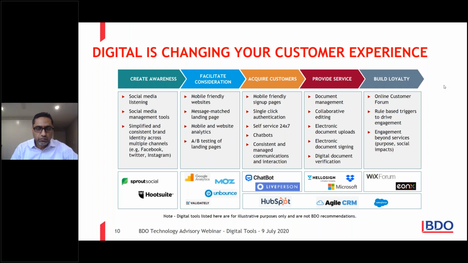We just wanted to get the theme across in terms of what capabilities are underpinning the customer journey and what the market is offering. If you are planning to go down that path, you will have to do your own assessment to see which capability is going to be the best fit for you.